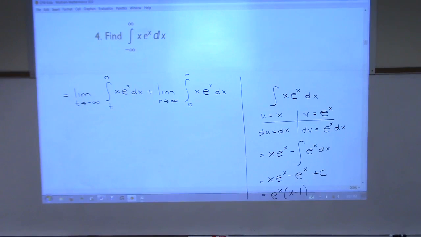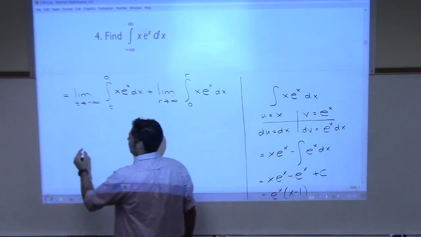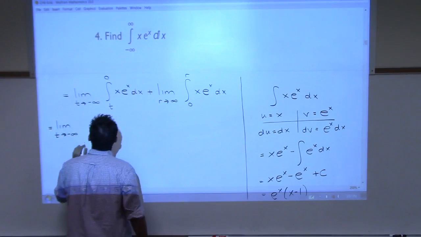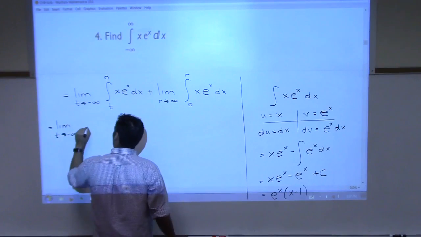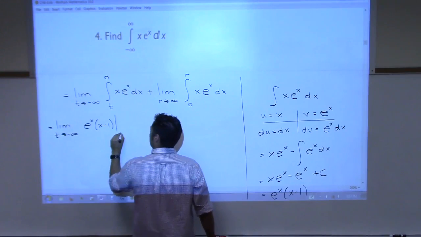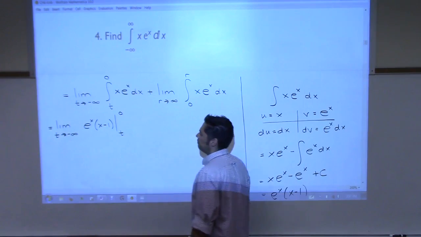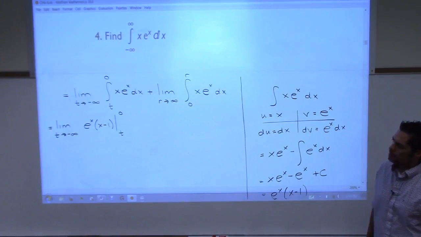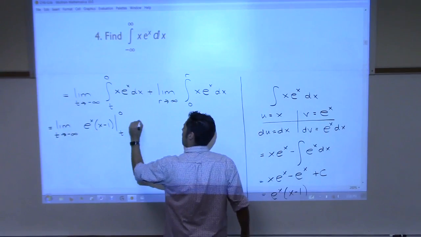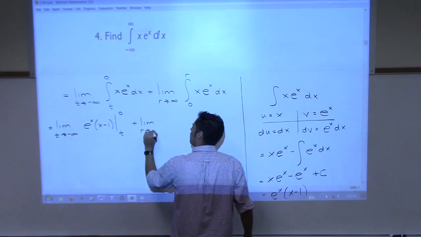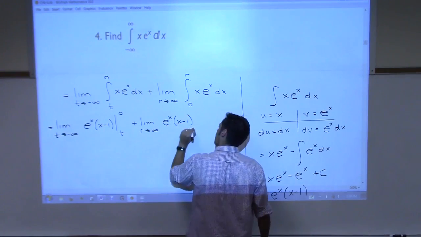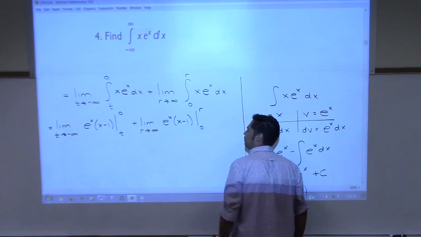All right? Come back over here. Rewrite everything with limits. Limit t approaches negative infinity. I write the antiderivative down, e to the x, parentheses x minus 1. I put a bar out here, t here, 0 here. Then plus another limit. r goes to infinity, and then I write the antiderivative down again, and then another little bar here, 0 to r.